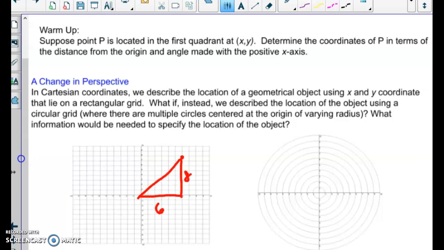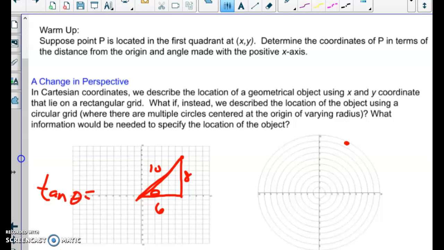We want to graph the same point in what we'll call polar coordinates, just for label's sake. Well, we know that this point would be, using our friend Pythagoras, 10 units from the origin.